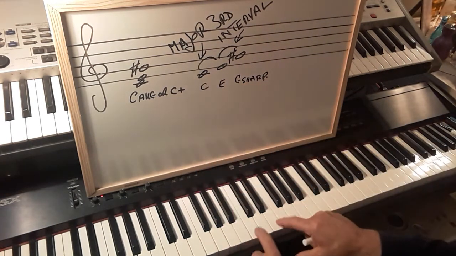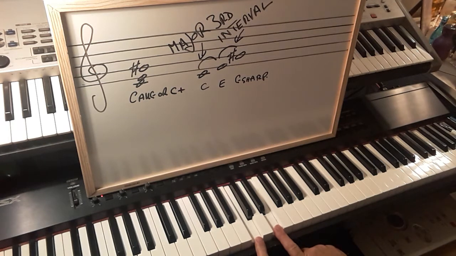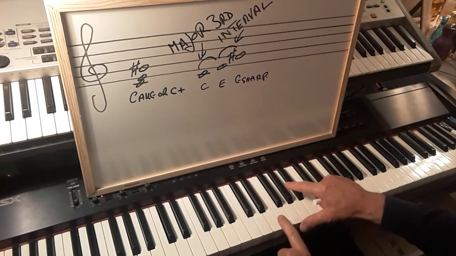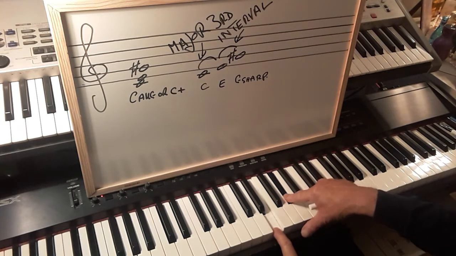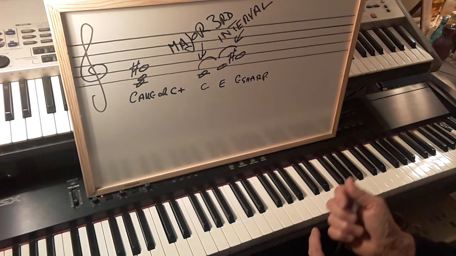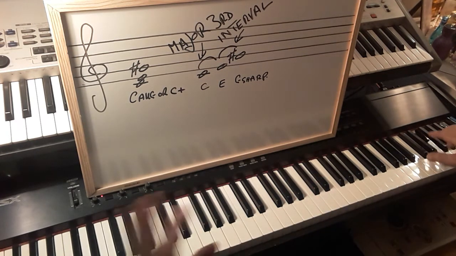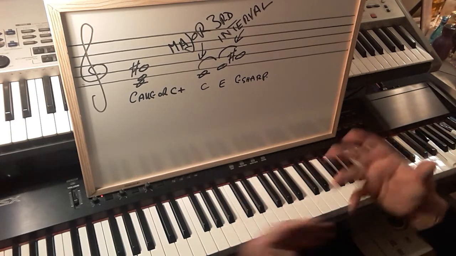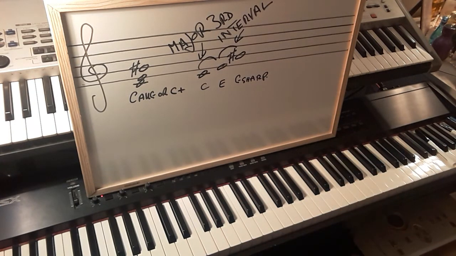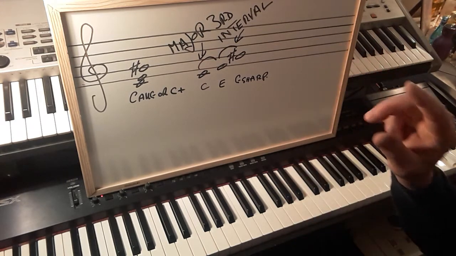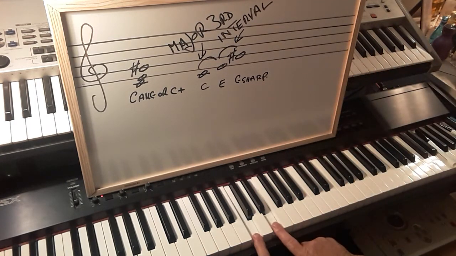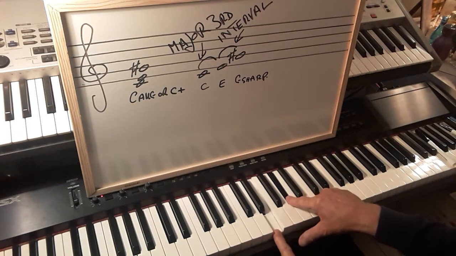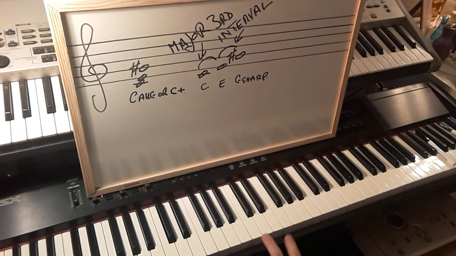From C to E has got two tones in it. That's the structure of the major third. And E to G sharp is a major third. Okay, now the structure of a C augmented chord consists of two intervals of major thirds.